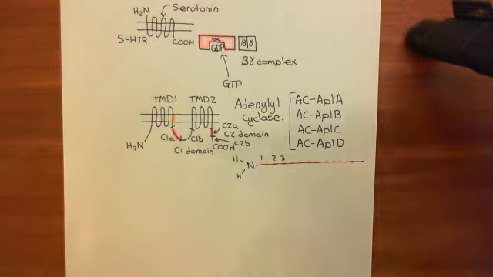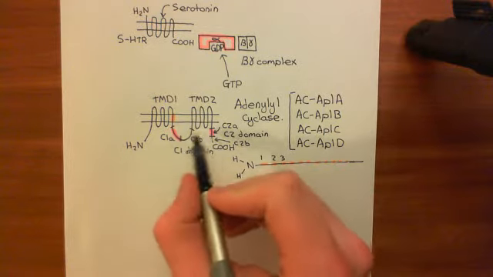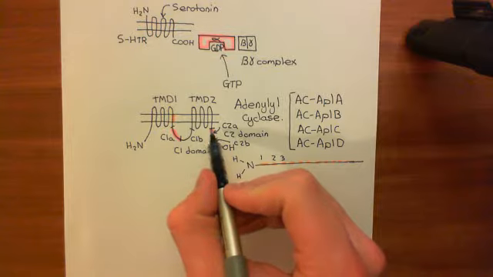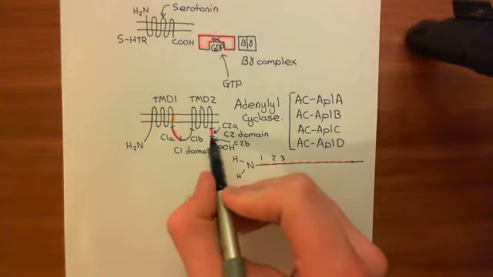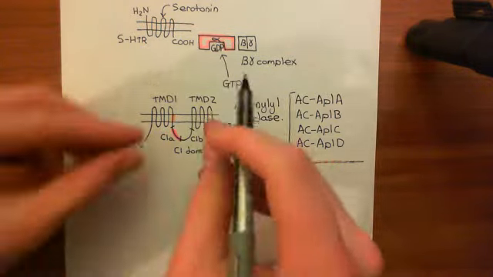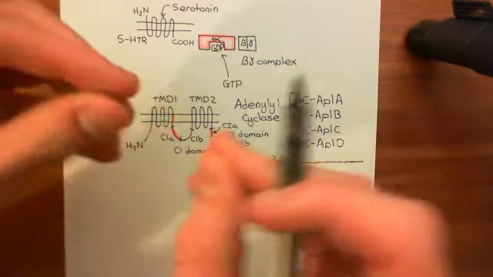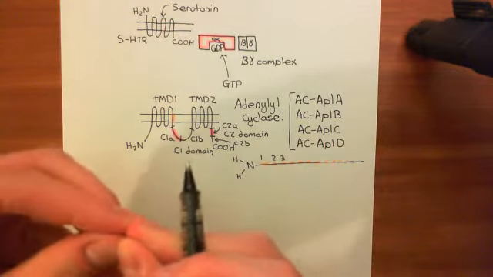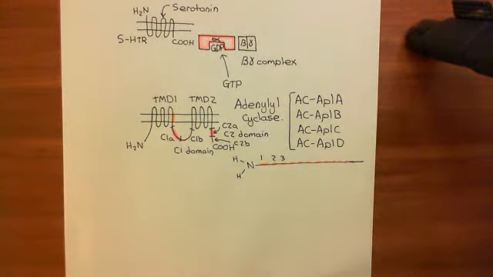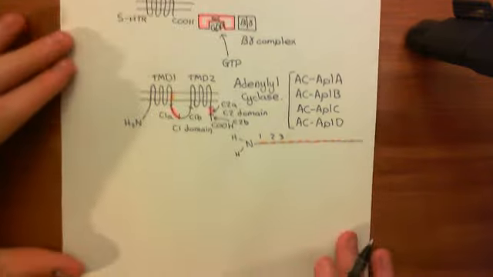So basically, the structure I've drawn is an inactive adenylyl cyclase. To turn this adenylyl cyclase on, you have to dimerize the C1a with the C2a domains. You have to bring them close together, join them together, and that will make you a functional enzyme which will start catalyzing the cyclase reaction.